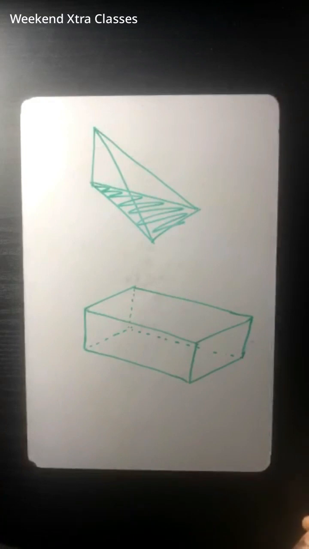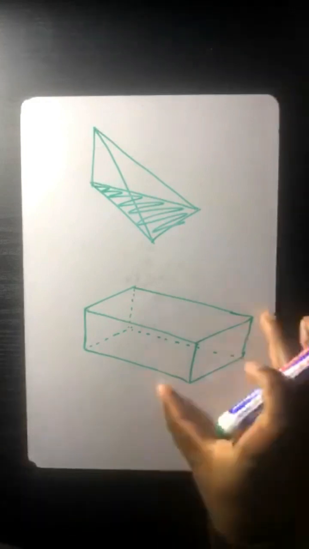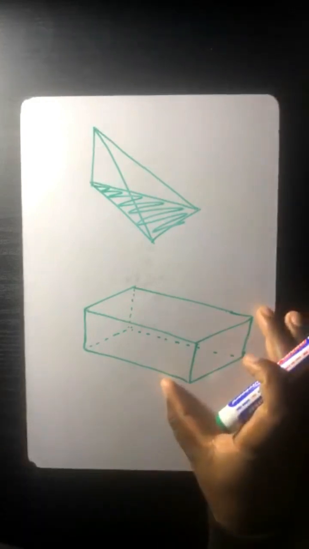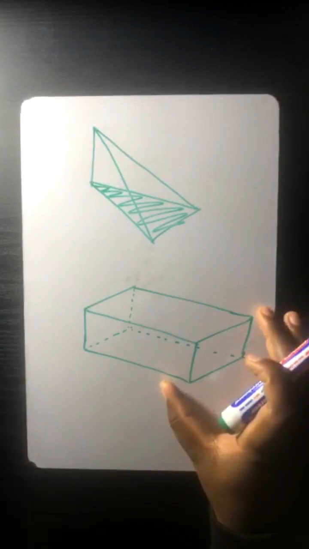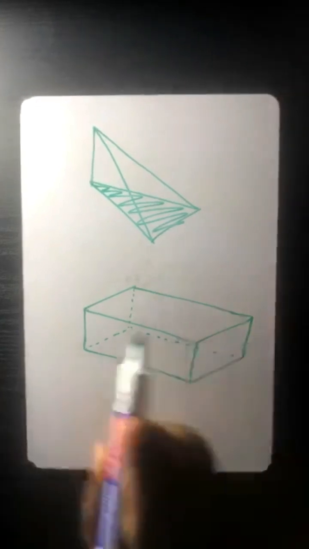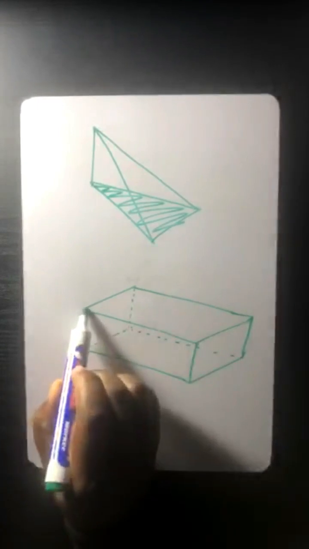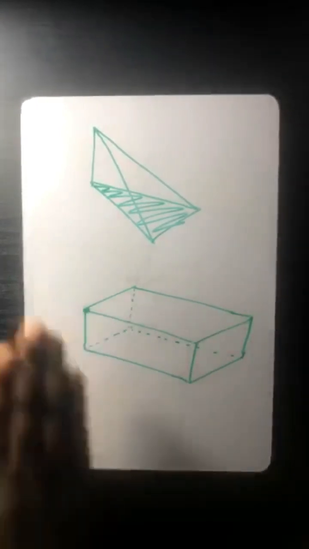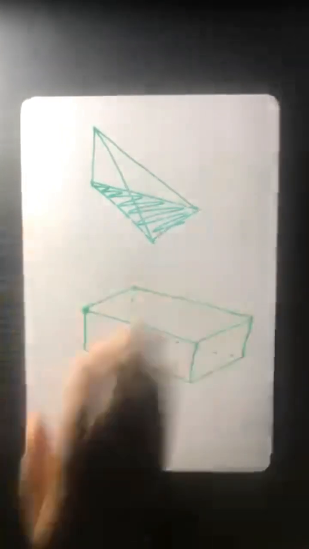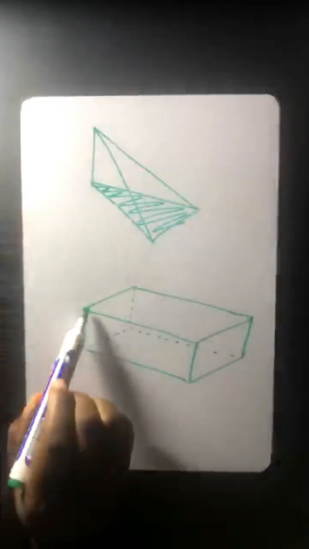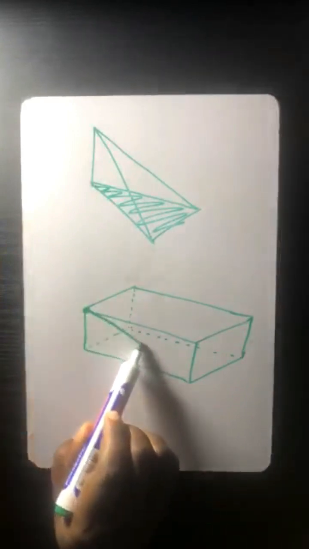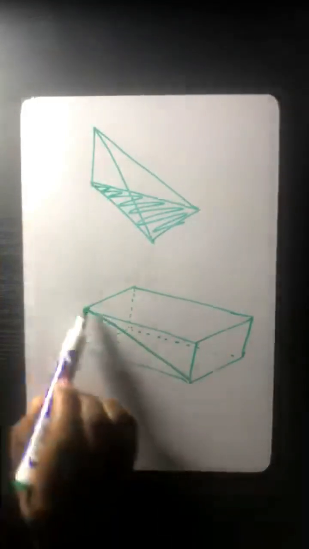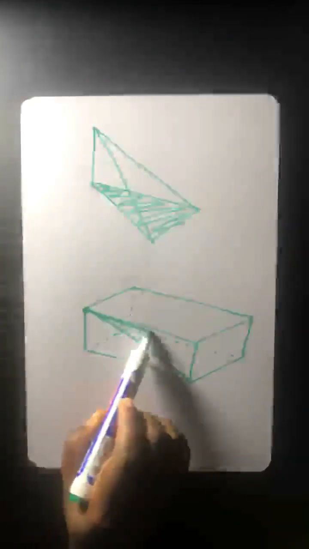So now, initially, it was a wooden block similar to that. When they say a corner is cut off, so from this corner, they just slice it very nicely. They slice it from that corner.